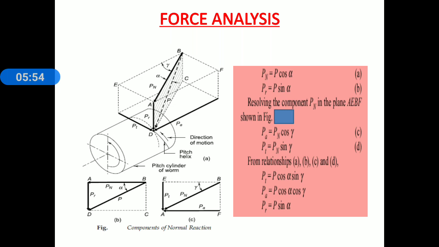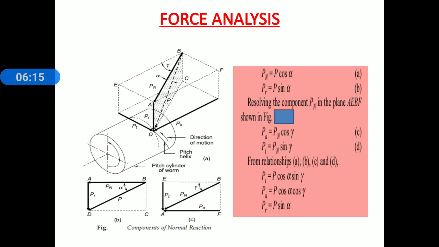Now these two planes are represented in figures B and C, plane ABCD and plane AEBF, which contain the normal pressure angle alpha and the lead angle gamma.